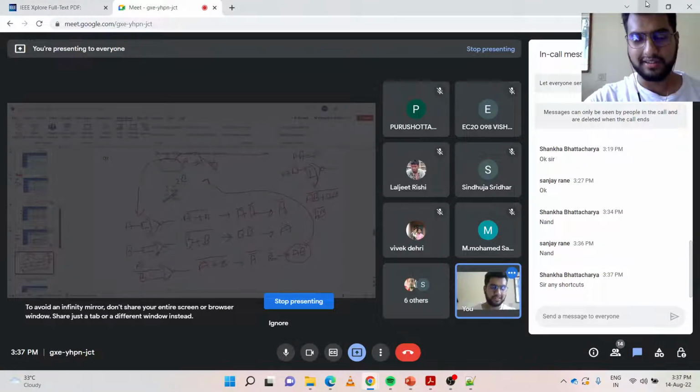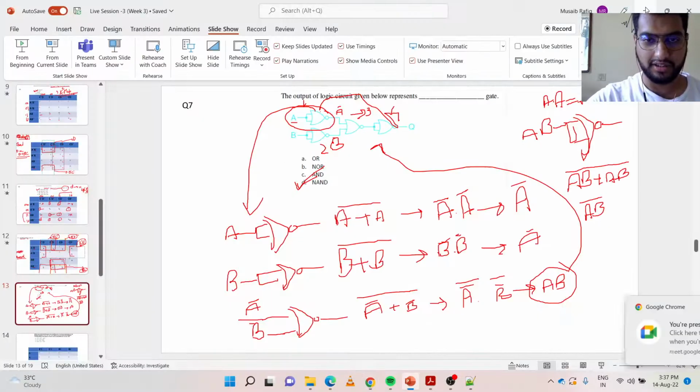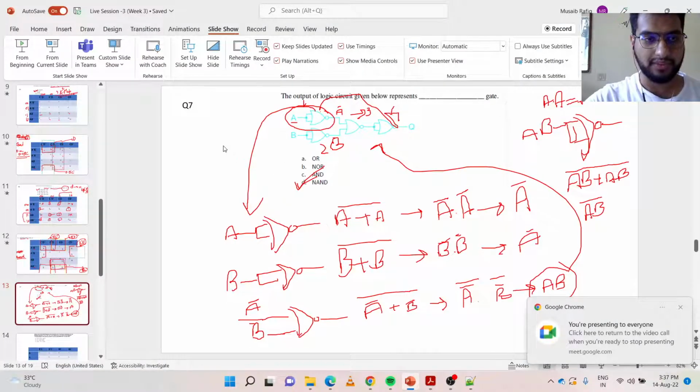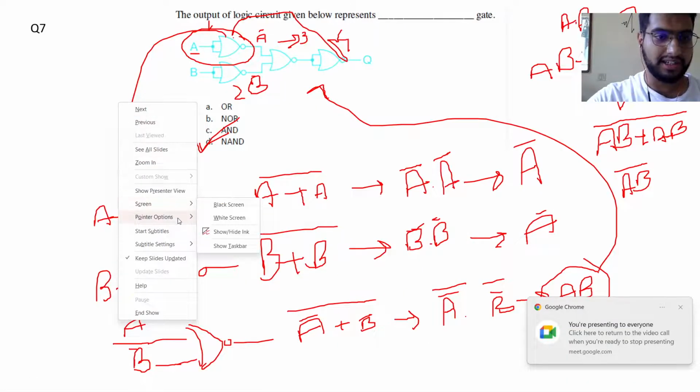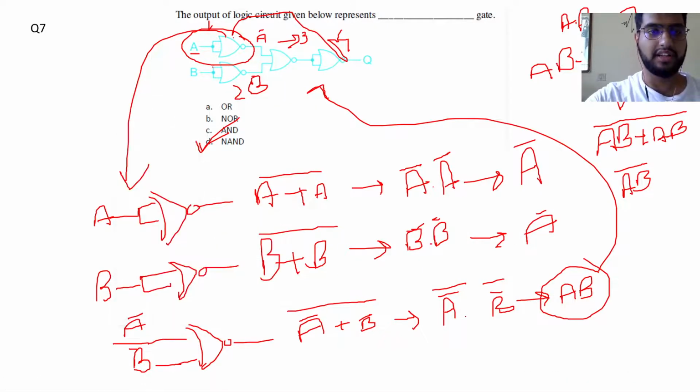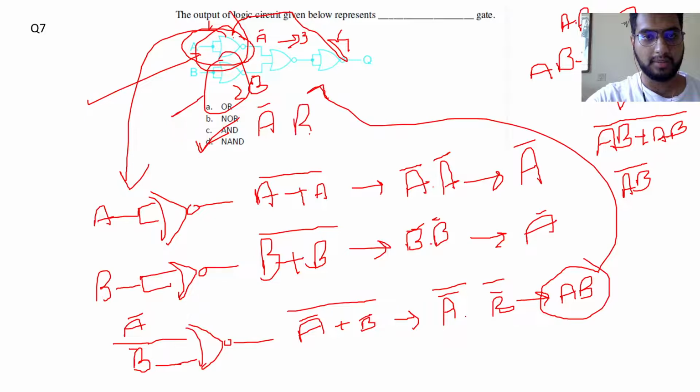Shortcuts are simply this: I just elaborated it, but you could have remembered it. You know that NOR and NAND are universal gates, and these gates can be simply constructed from them. And also, with experience, you can just tell which gate does which functionality. This is simply a NOT gate, and this is a NOT gate. So the output was A bar, B bar, and then it was a NOR gate.